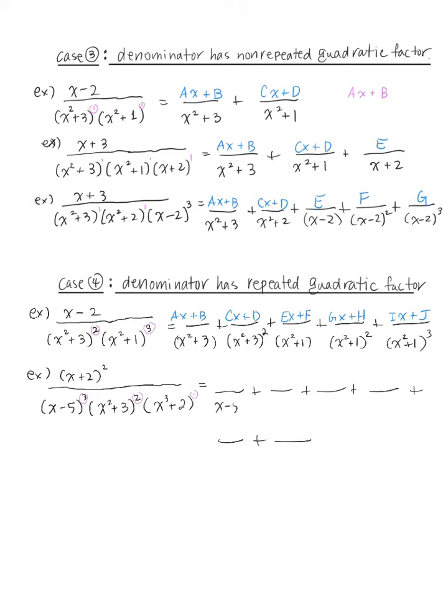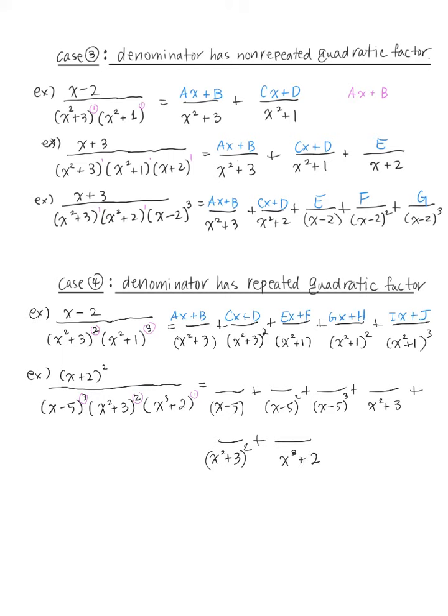So you're going to have x minus 5, second repetition, third repetition. Okay, now let's go with x squared plus 3. That guy repeats twice. So first one, and then second repetition. And then the last one is just x to the third plus 2.